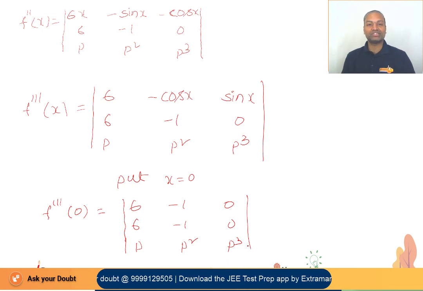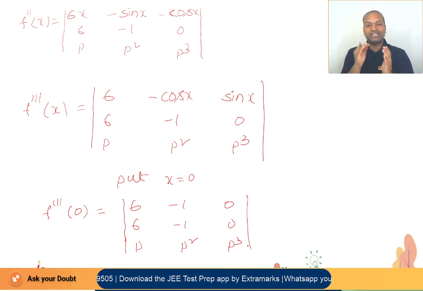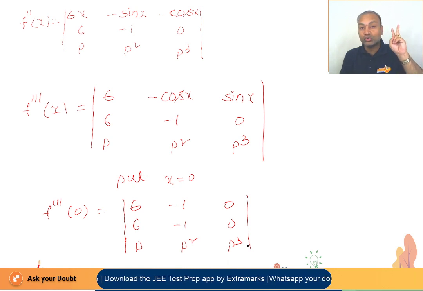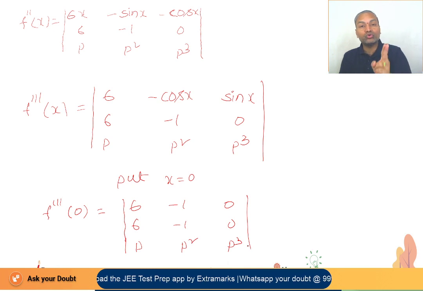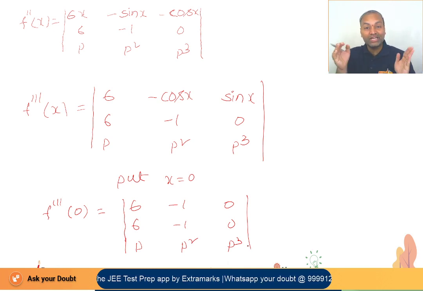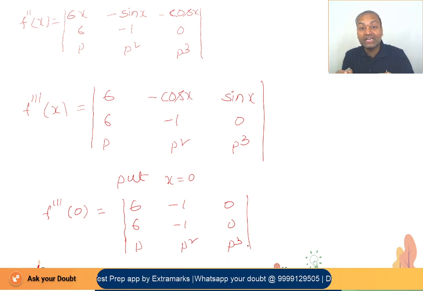Okay, right. Now once again see here, determinant properties. According to determinant properties, in a determinant if any two rows or any two columns are the same, then the value of the determinant is how much? 0.